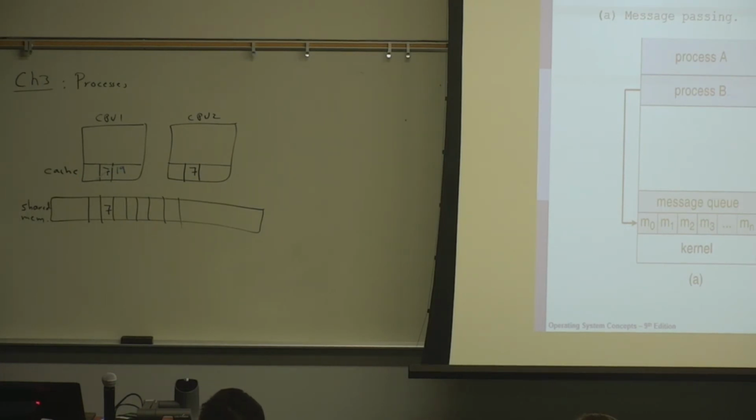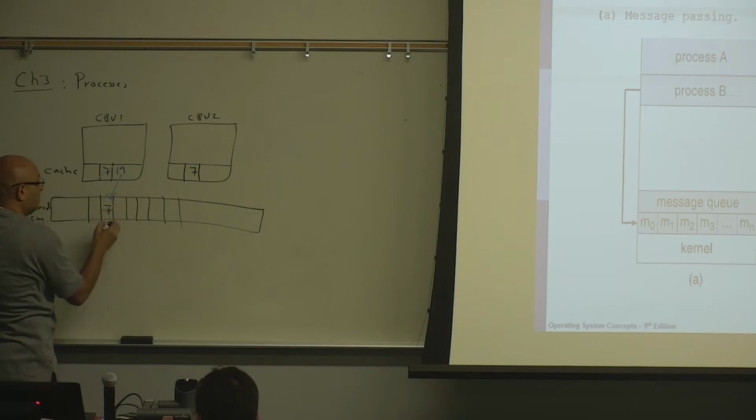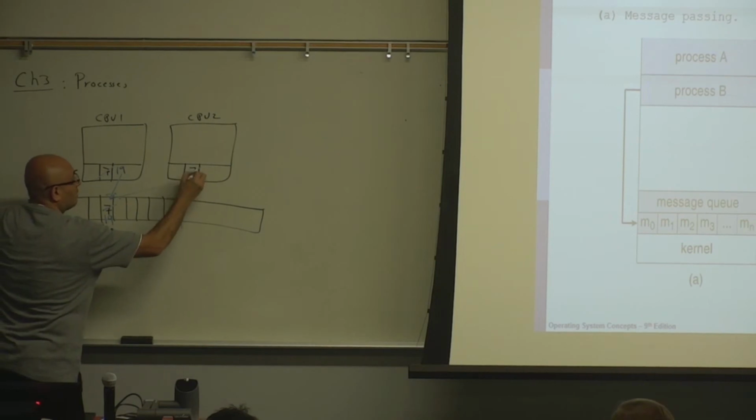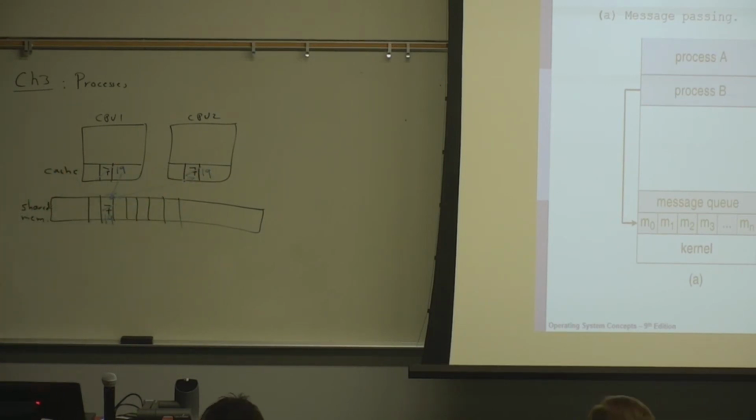So the hardware will detect this, but the hardware will not have a magical solution to this. This is going to take time, because in order to resolve this, the hardware will have to first copy this into memory, update memory, and then load this into here with the updated 19. Now this update, to ensure cache coherency, will take some time. It's not going to happen in 0 time.